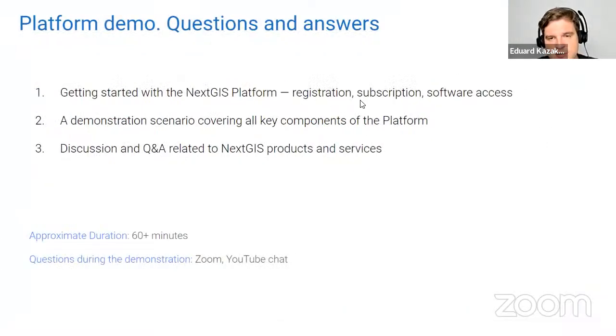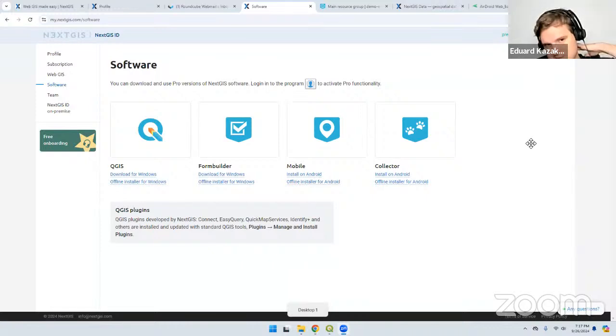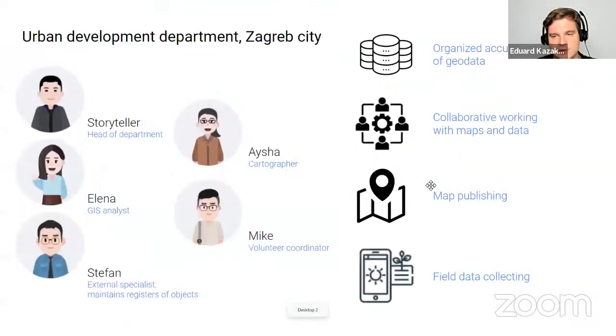So we have registered, we have subscribed, created WebGIS, and accessed the software. Next part of demo is a demonstration scenario covering all key components of the platform. And to make this scenario more or less real life adequate, we will imagine some situation like we are urban development department in some city, in our case, Zagreb city in Croatia.